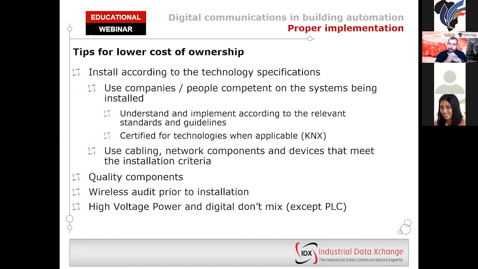High voltage cables, your 220 volt or 400 volt systems in your houses, or three-phase systems, are considered high voltage, and digital cables typically do not mix. The reason is these high voltage cables can actually affect the signals traveling on those. So you typically cannot share cable trays, and you cannot share conduits between your high voltage cables and your communication cables.